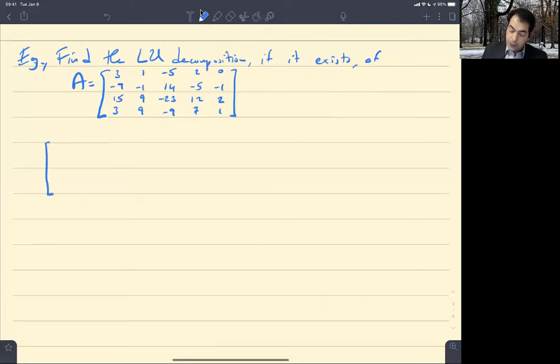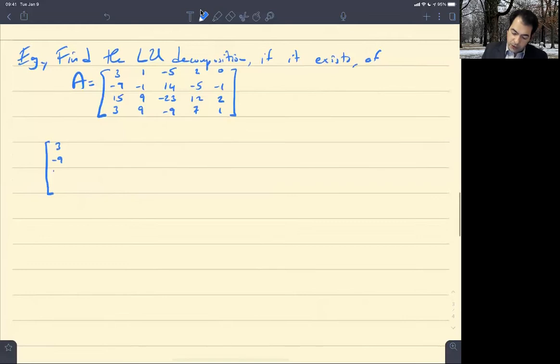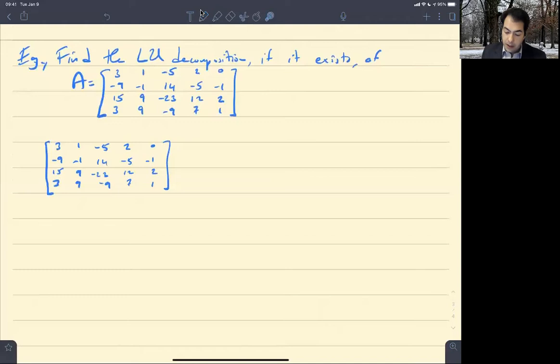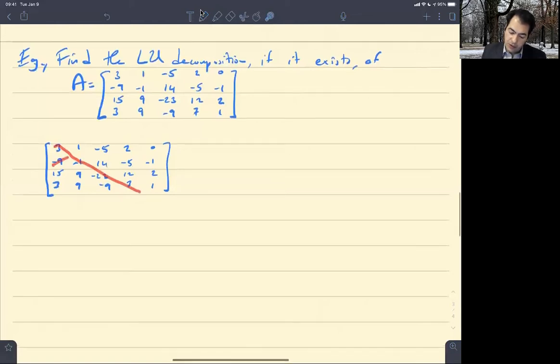We're going to start with this matrix and perform row operations. Okay, so we want to perform row operations and end up upper triangular, right? So here, that means that everything below that line has to be 0. So we need this 0 and all of these 0.